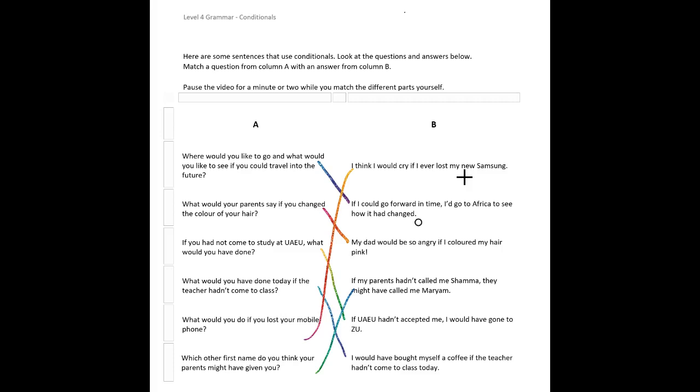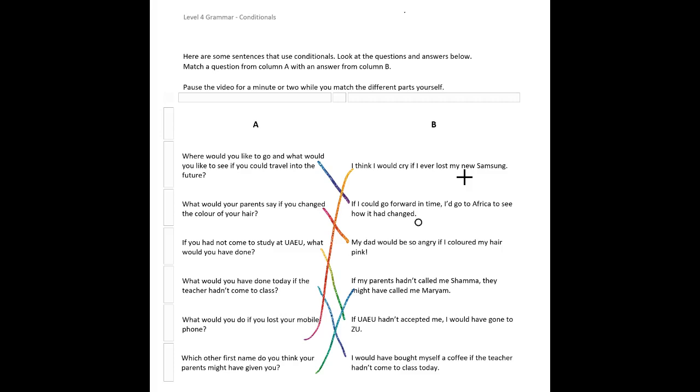How many clauses are there in a conditional sentence? There are two clauses, a dependent if clause and an independent result clause. We can also call this the main clause. Does the if clause always come first? No, look at the first sentence. We can see if is in the middle.